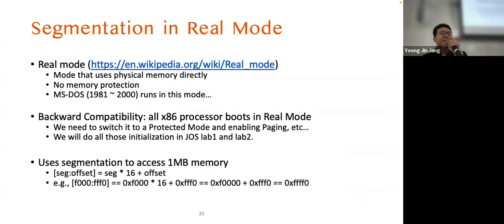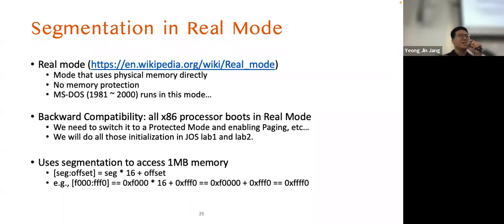This kind of segmentation is used only in real mode. The reason it is called real mode is that when it first came out, it was the only mode. Later on, this mode showed a limitation: we can only access 1 megabyte of memory.